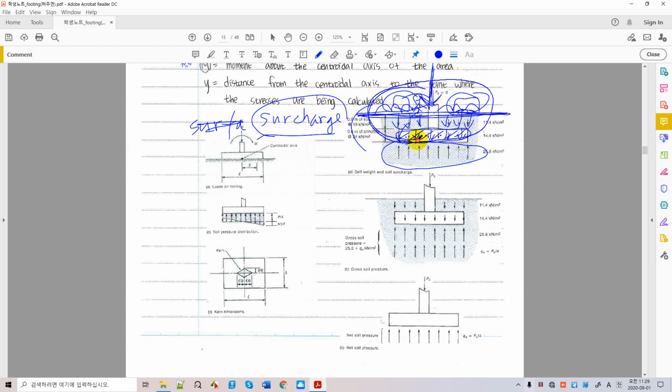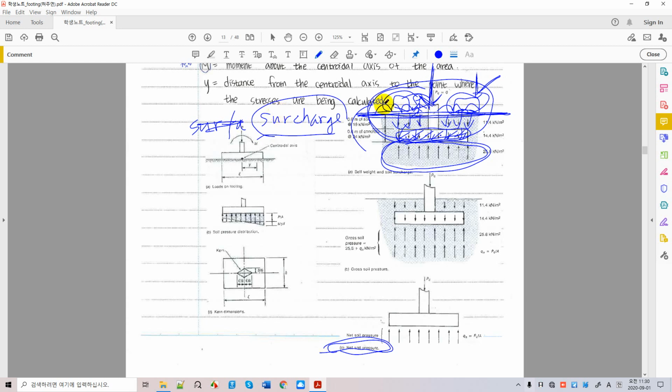So you need to subtract all this loading acting on the soil from your soil bearing capacity to calculate your net soil pressure. This net soil pressure is the soil pressure you want to look at when you design buildings. Okay, we're going to look at one example of how to calculate the soil pressure later, but it is very easy as long as you understand the differences of the loading on the soil.